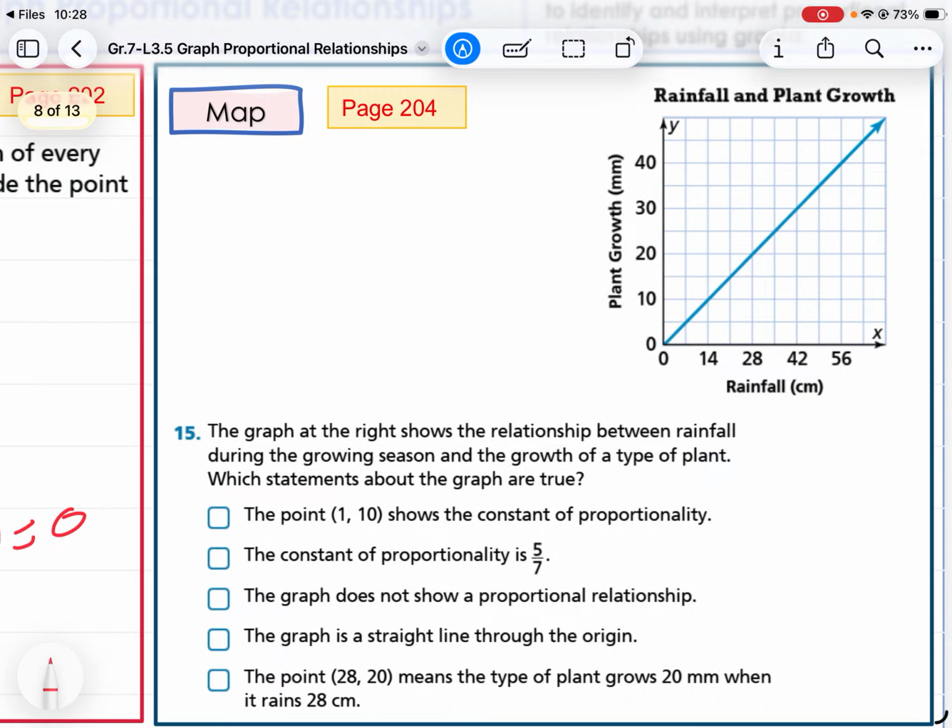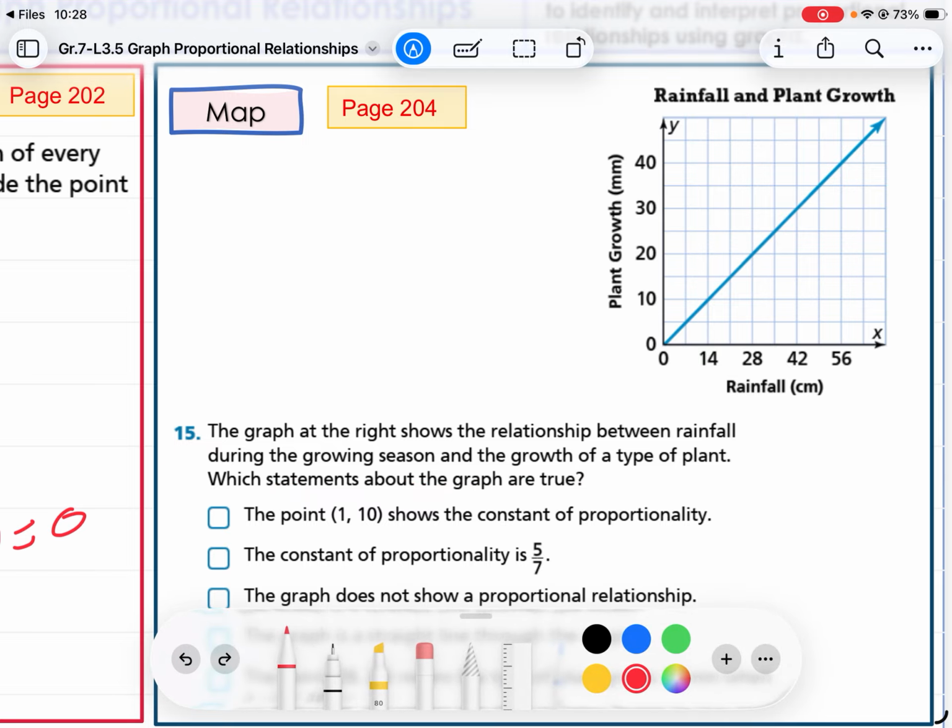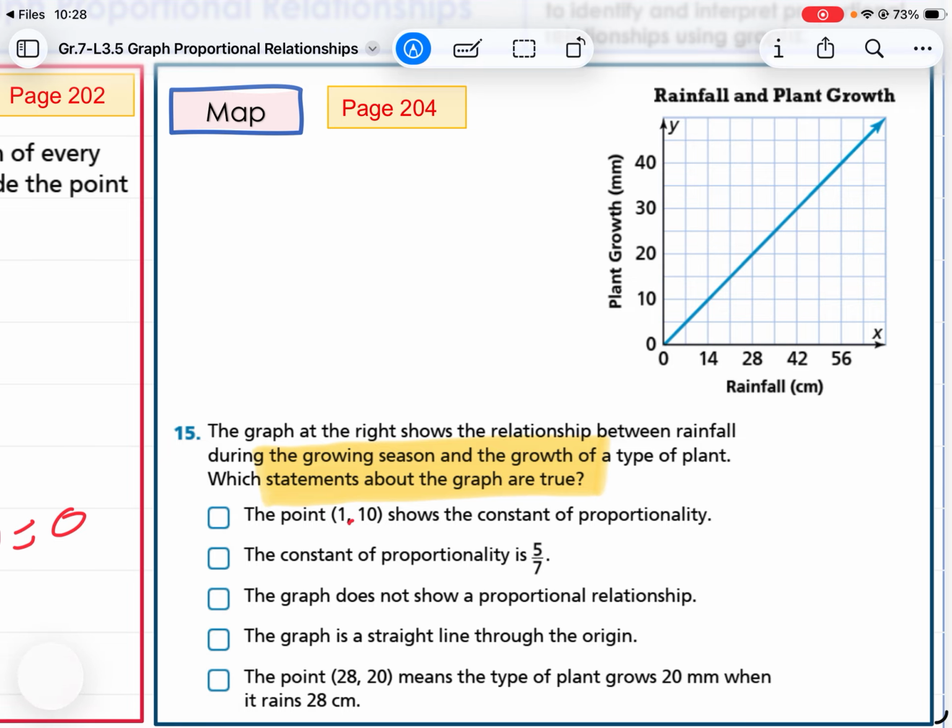So let's look at this real life application. So here you should tell me which statements about the graph are true. Okay, so let's start with the first one. The point (1, 10). Okay, do you have a (1, 10)? Okay, always remember, the first coordinate is the x, the second one is the y.